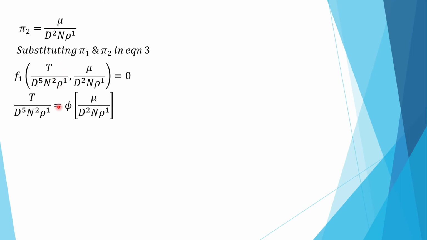It will become T by d power 5 n square rho is equal to phi times the term mu by d square n into rho. Finally, we'll keep the dependent variable T on one side and bring d power 5 n square rho onto the RHS. So this is the final expression, hence proved using Buckingham's pi theorem.